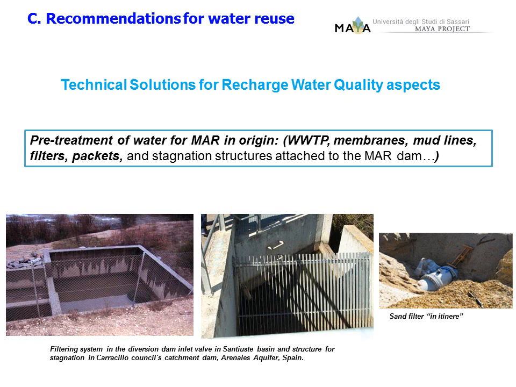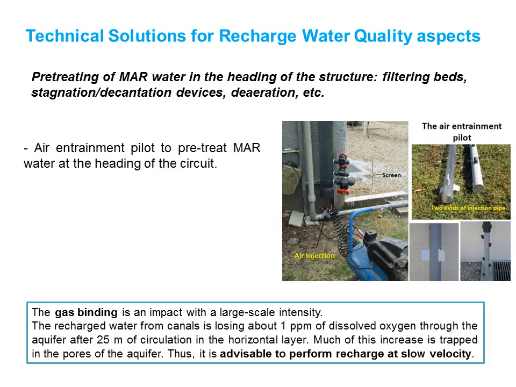For example, in the MAR facilities it is important to pretreat water for MAR at the origin, from wastewater treatment plants, membranes, mud lines, filters, packets, etc. It is also important to reduce as much as possible the total dissolved oxygen in the heading of the MAR facilities by means of different techniques, but the most important, avoiding the cascading and the sinking of the water to be recharged.